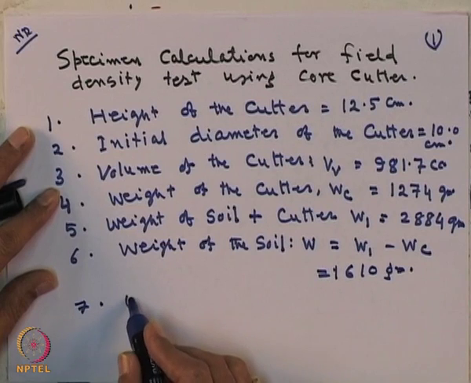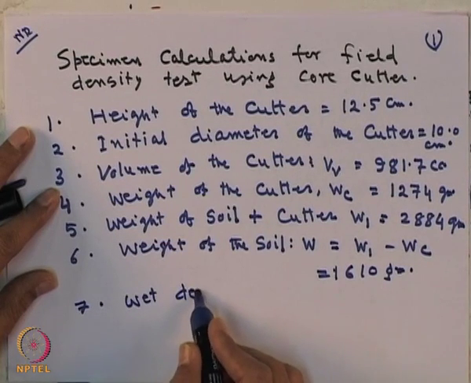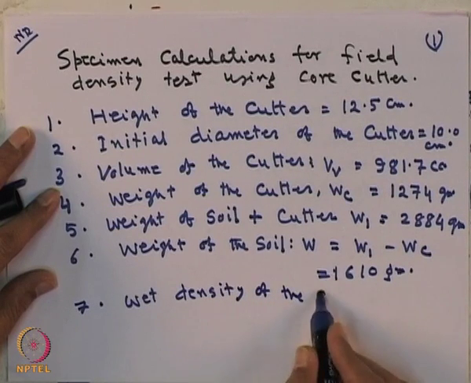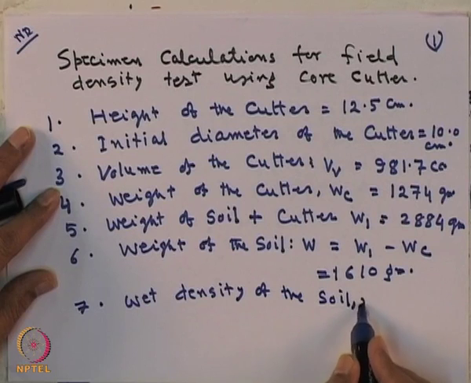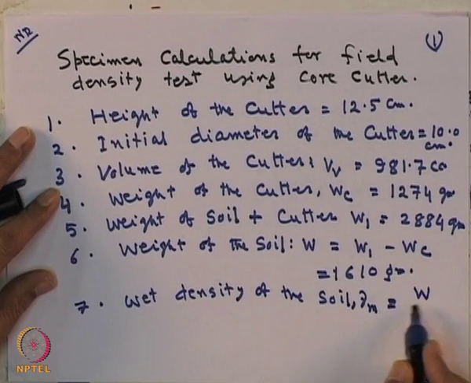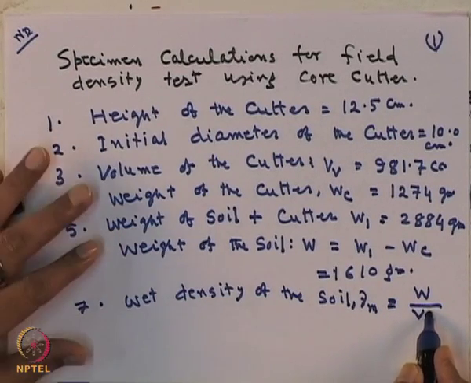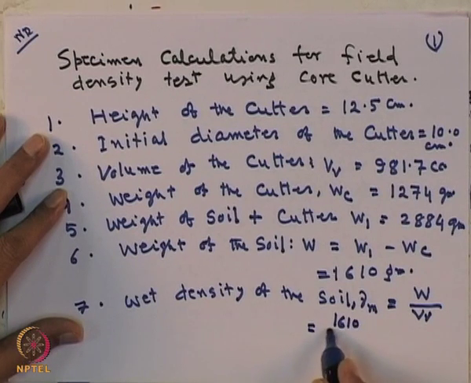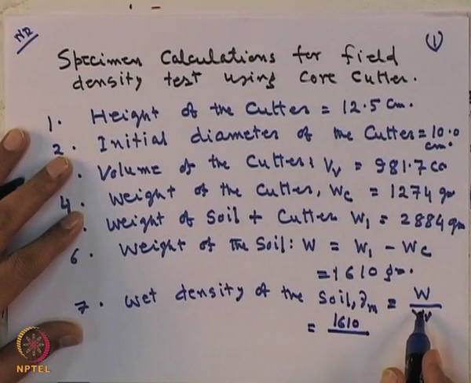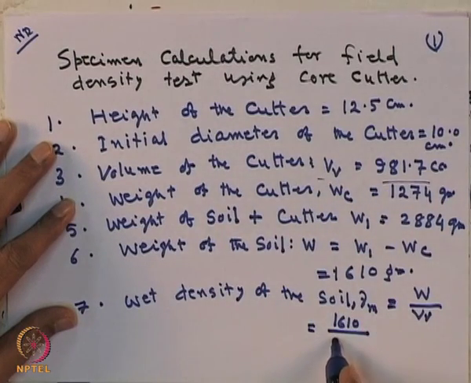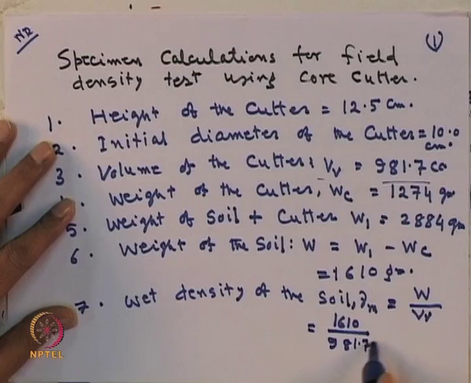Then you can calculate the weight density of the soil. That is gamma M is equal to W divided by V. So, W is 1610 divided by V, that means the volume of the cutter, 981.7.